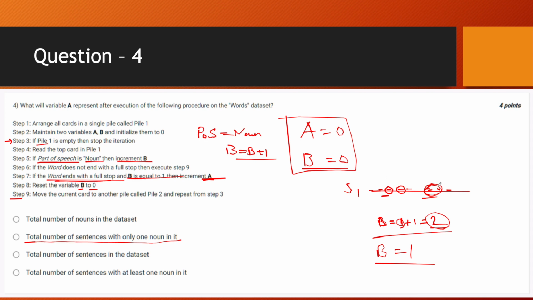So once you have a noun in the last word of the sentence, only then will your b be equal to 1. Your value of a is going to be incremented and your b then gets reset to 0 in step 8. So all this can only be satisfied by option number 2, which is the total number of sentences with only one noun in it.